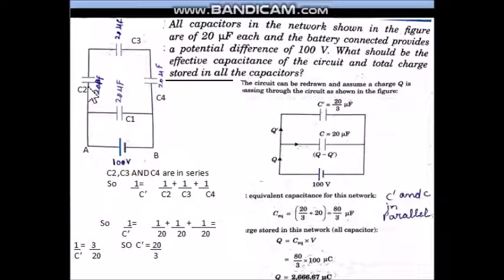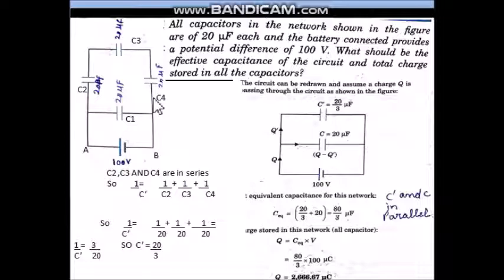Then the charge from here and the charge from here get added and are returned back to the battery. So the same charge is flowing in C2, C3, C4, and if the same charge flows through a number of capacitors, that branch is in series. So these three capacitors are in series.